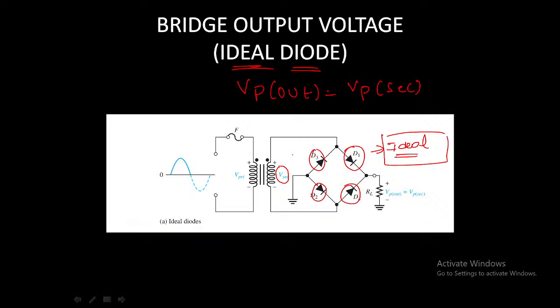Okay. The transformer voltage, how it is getting, that we have discussed in our previous session. If you haven't watched that, please go back and rewatch that. Okay. So here, the voltage which is present at the secondary side of the transformer is called V secondary. So the output peak voltage VP out is equal to VP secondary. Here we are considering the diode to be an ideal diode.